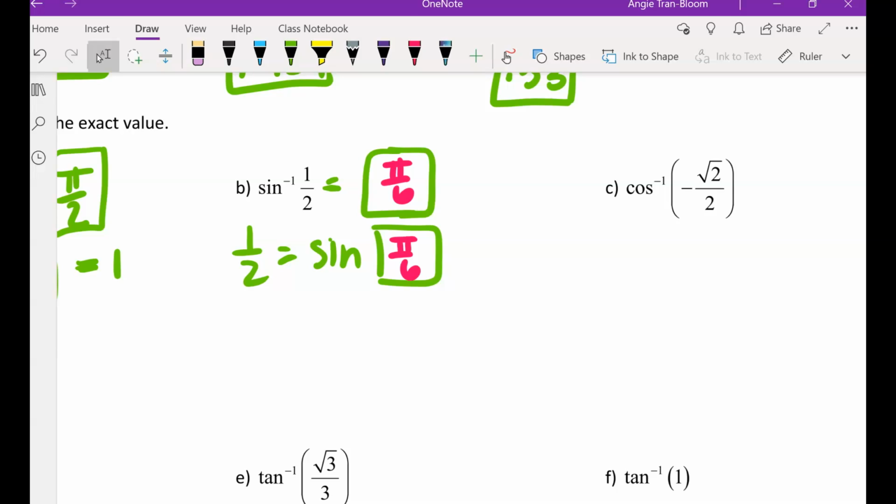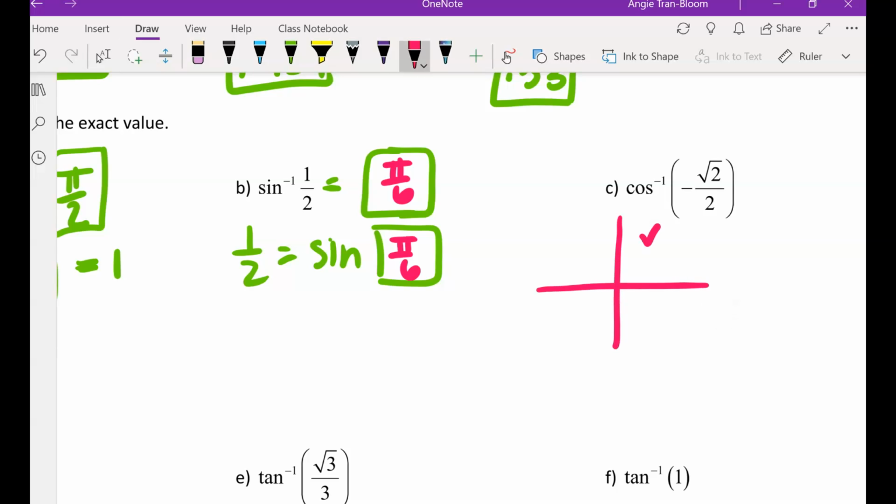My fault. Cosine inverse is restricted in what two quadrants? 1 and 2. It's a negative root 2 over 2. So the answer has to come from what quadrant? 2. So let me write that down for us.